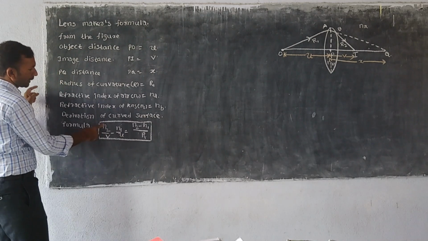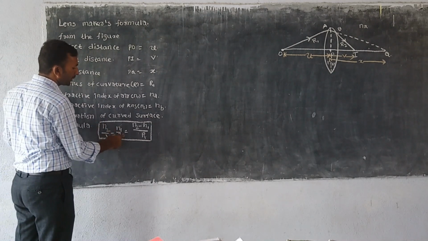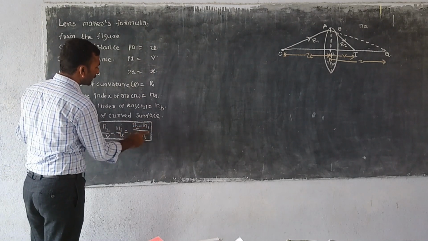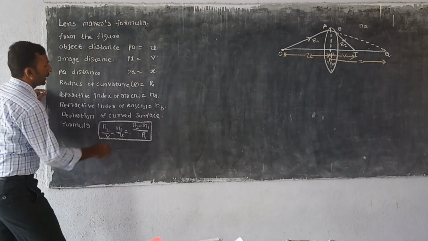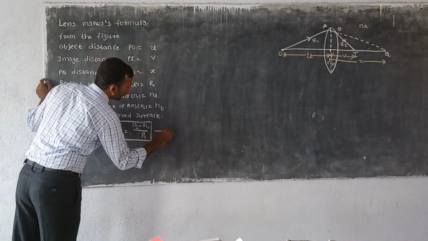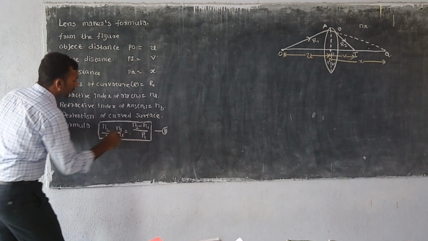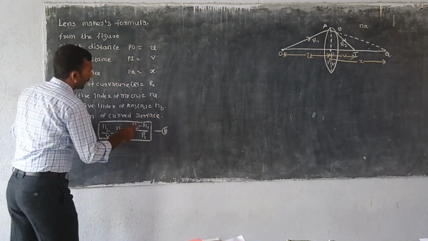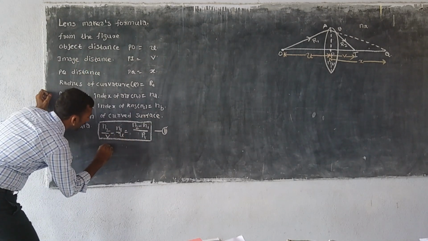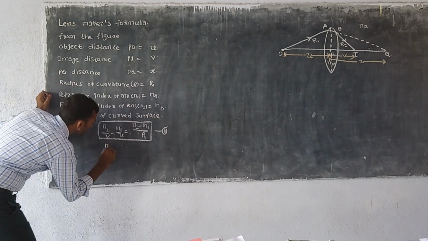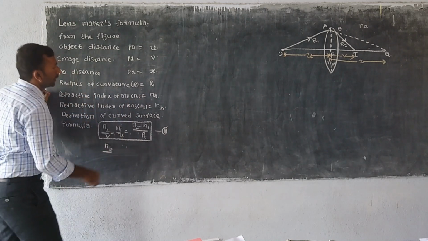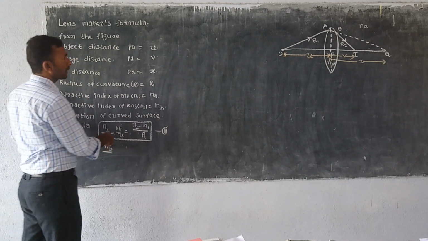We have already learned N2 by V minus N1 by U equals N2 minus N1 by R. Think of this as equation 1, and substitute these values in it. N2 means NB. V means image distance.